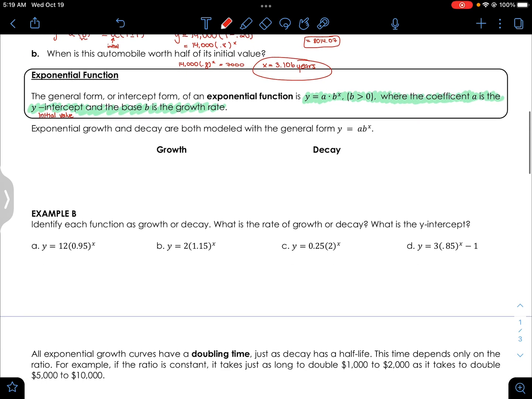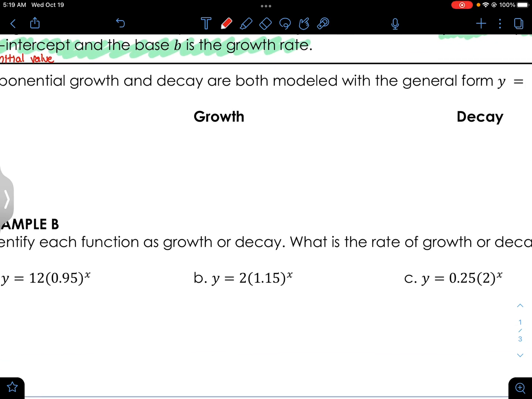So again, one of the goals that we want here is for you to be able to identify when you're dealing with growth or decay based on what a graph looks like or based on what an equation looks like. When you're dealing with growth, it's typically going to look something like this.